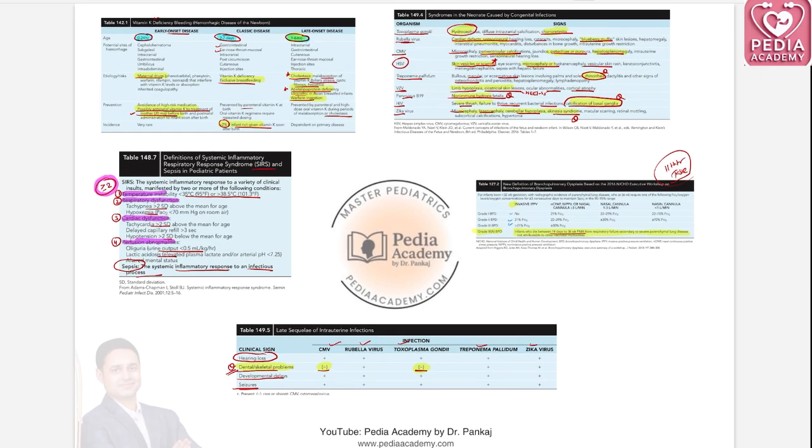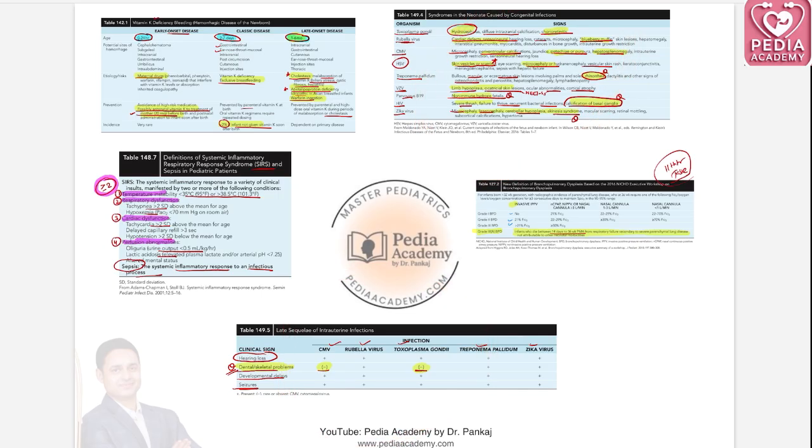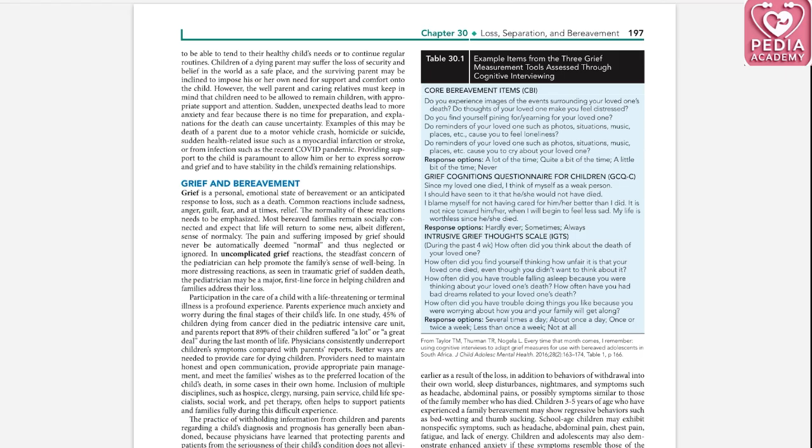So in this slide we have discussed vitamin K deficiency bleeding, neonatal syndromes caused by congenital infections, late sequelae of intrauterine infections, and this BPD new classification criteria and SIRS and sepsis criteria in pediatric patients.